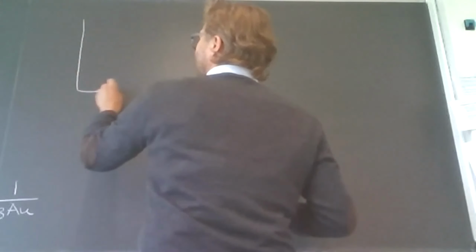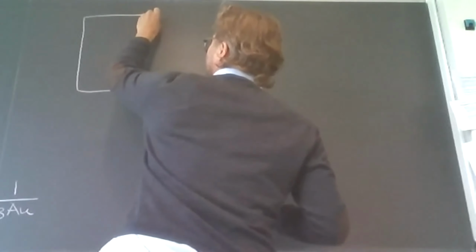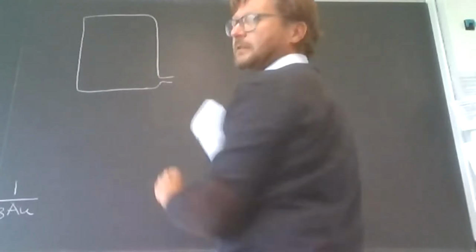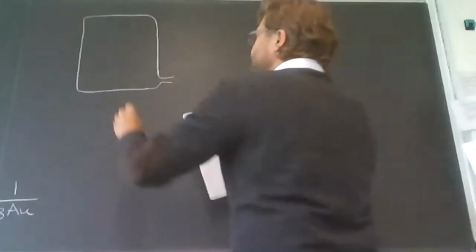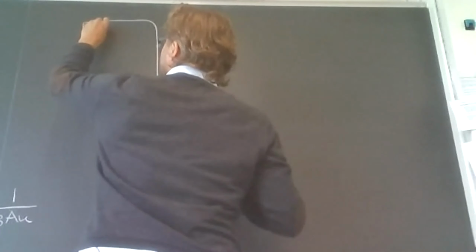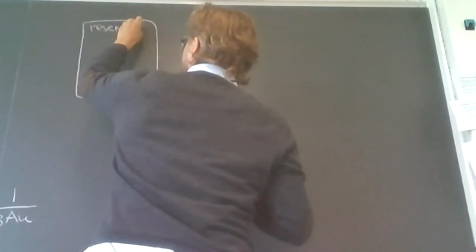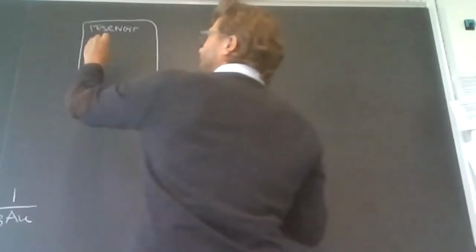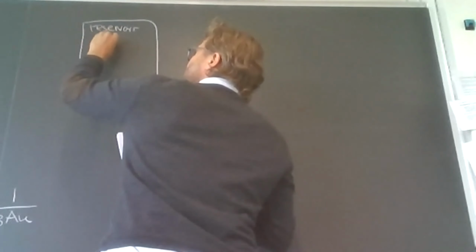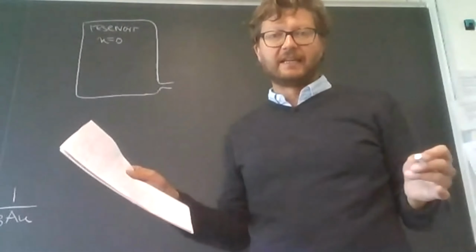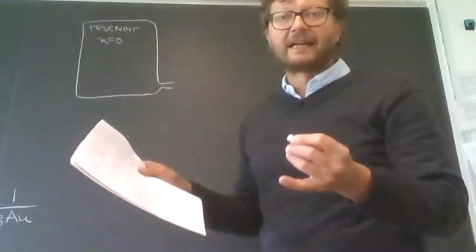So let us consider a large reservoir with a little opening here. In this reservoir, obviously, we have a velocity u0, and the gas has a state we call the stagnation state, because everything is stagnant.